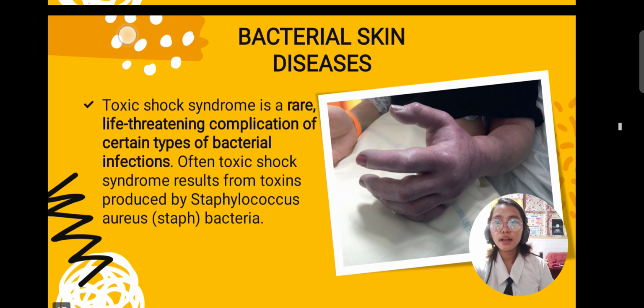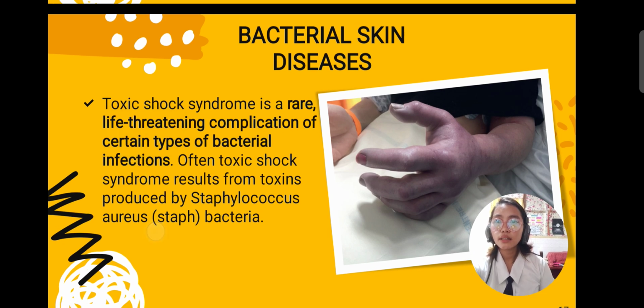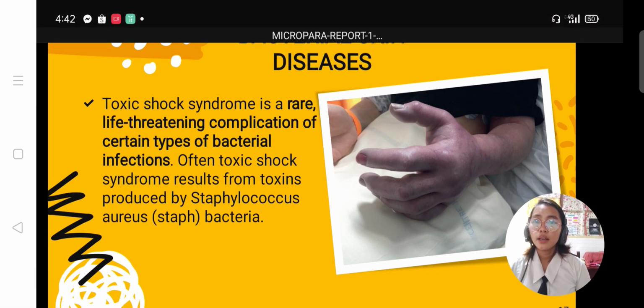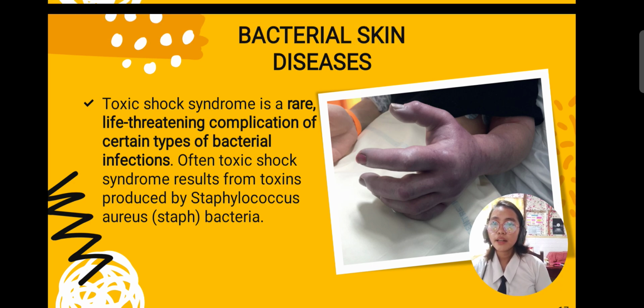Next is toxic shock syndrome. Toxic shock syndrome is a rare, life-threatening complication of certain types of bacterial infections. Often, toxic shock syndrome results from toxins produced by Staphylococcus aureus bacteria.